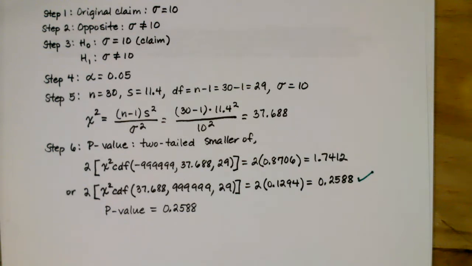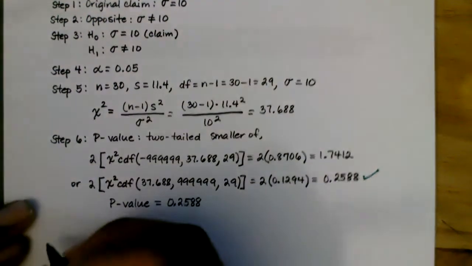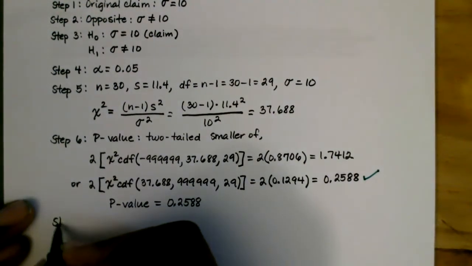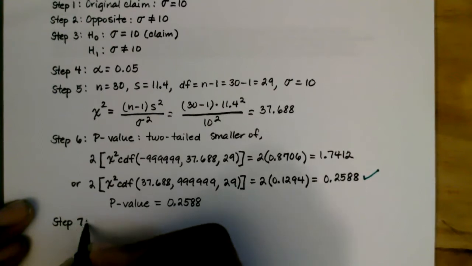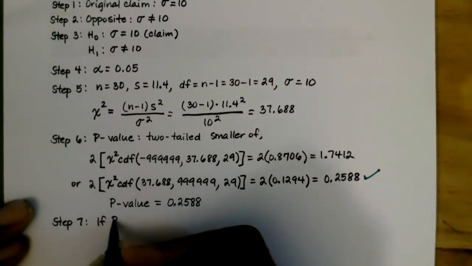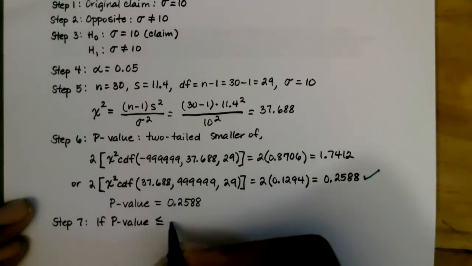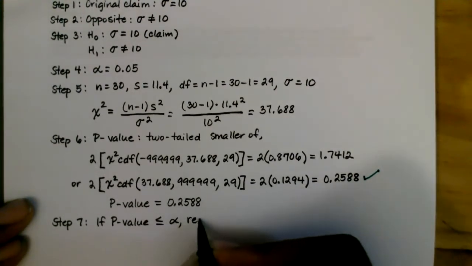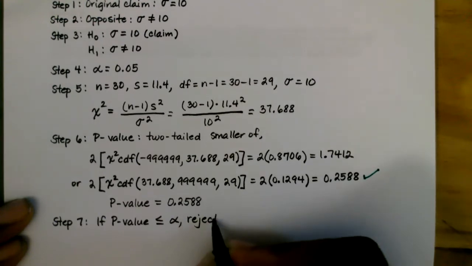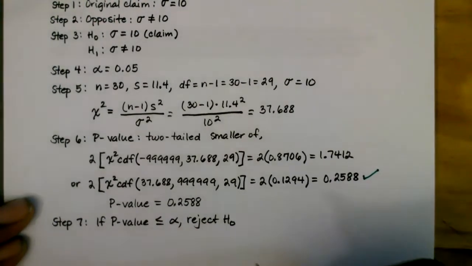All right, now, step number 7 is the decision rule. So the decision rule in step number 7 is this. If your p-value is less than or equal to alpha, you want to reject the null hypothesis.